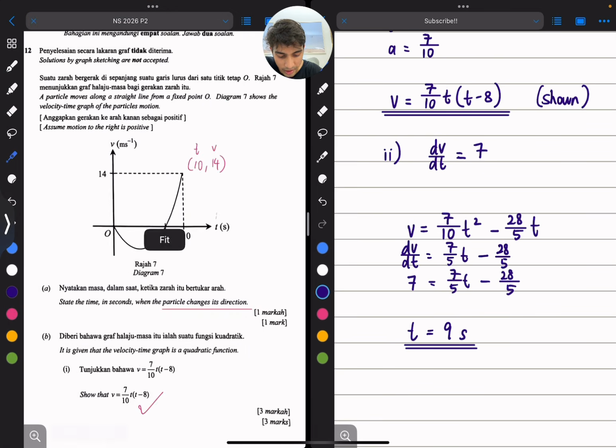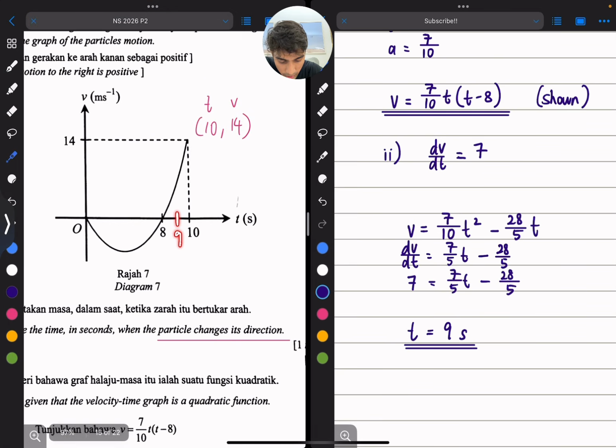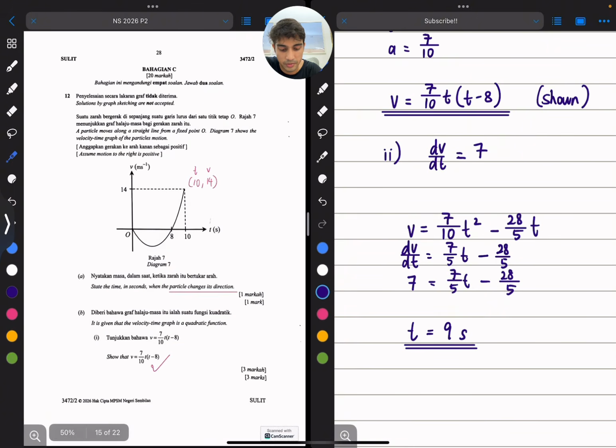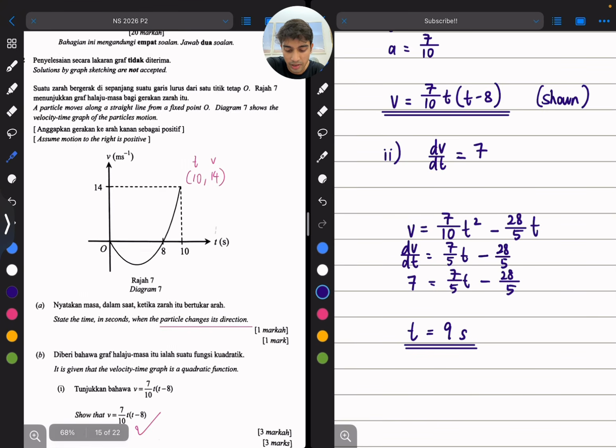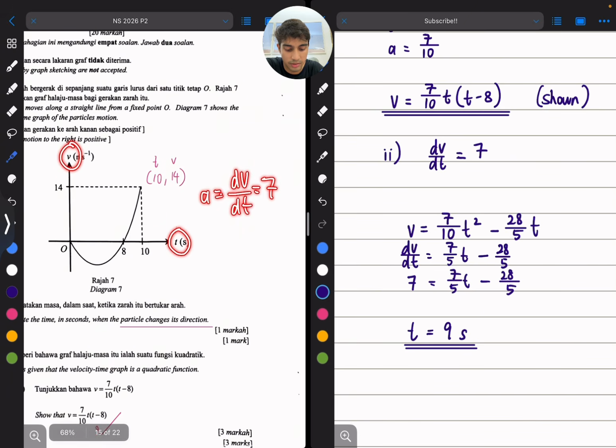So when t is 9, somewhere here, your acceleration, your dv/dt is 7. Okay, so basically this one you don't have to memorize, you just have to understand. Acceleration is the rate of change of velocity. So it's dv over dt. So when they say acceleration is 7, that means dv/dt is 7.